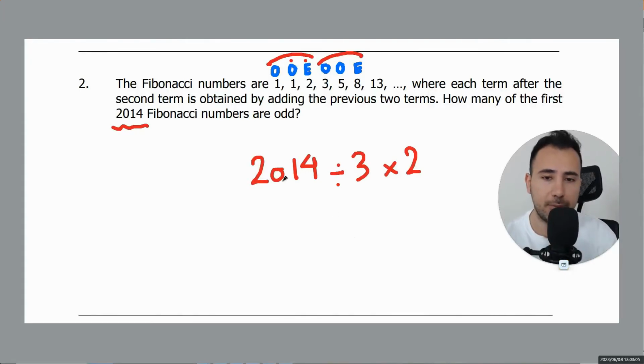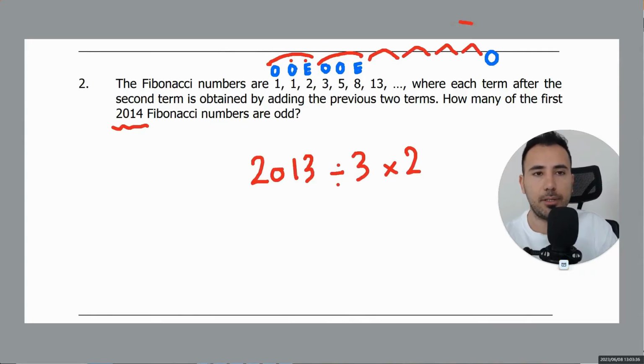Because 2014 is not divisible by 3. 2 plus 0 plus 1 plus 4 is 7, not divisible. But if I make this 2013, then it will. So that means I'm going to have a lot of groups, but 1 number will be left here. And you see, the beginning number was always odd.